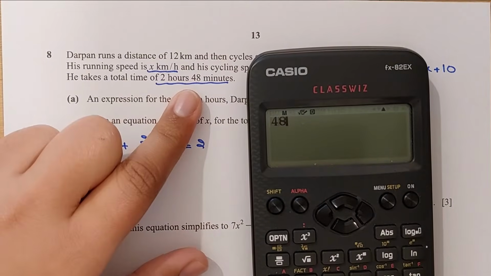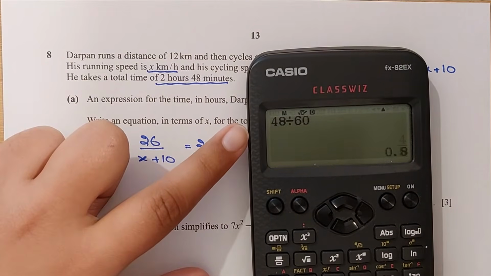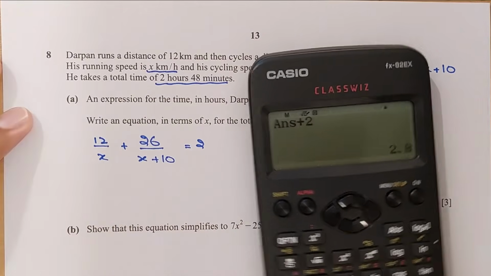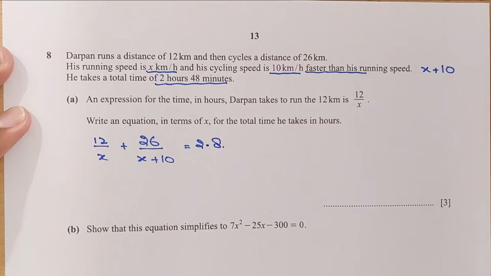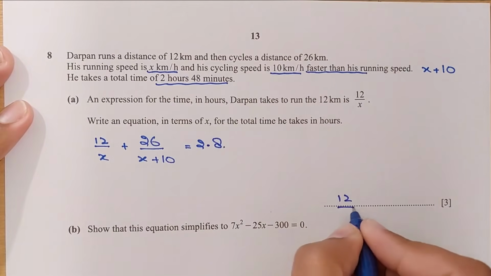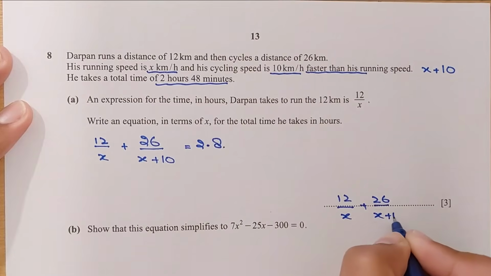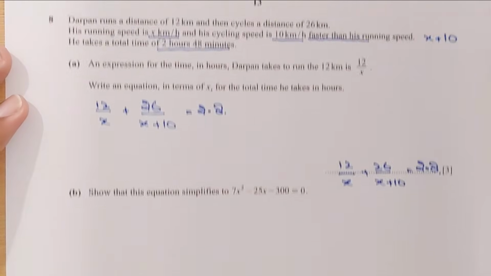We divide by 60, that is equal to 0.8, and then plus 2, so 2.8. So this is the equation: 12 by x plus 26 over x plus 10 equals 2.8, the total time, sorry.